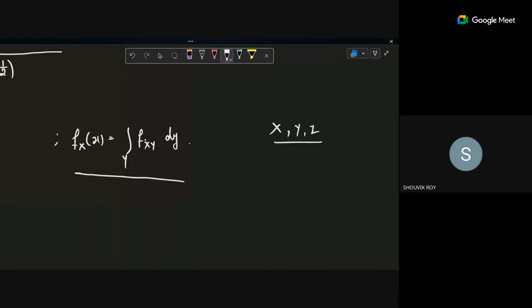Double integration over y and z, of the joint PDF of x, y, z, dz dy, or whatever the sequence is.